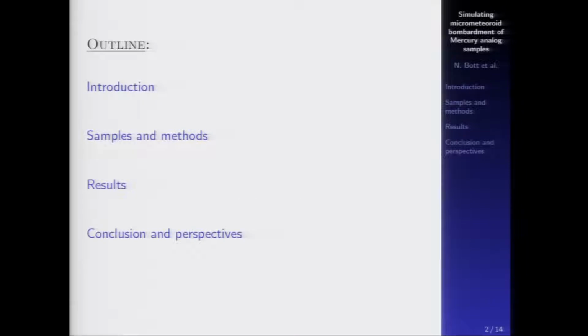My presentation will be as follows. I will start with a short introduction about space weathering, even if we already talked about this in the previous talk. I will present the samples and the methods we are using for this work, show some results, recap in the conclusion and draw some perspectives.